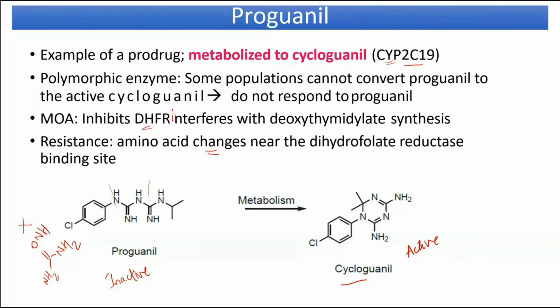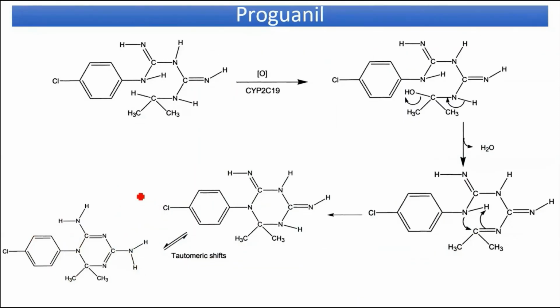And inside what happens is, it cyclizes and you get cycloguanil. So looking at the mechanism closer, when oxidation is taking place, you have this cycloguanil. It is the same structure represented in a way so that the cyclization can be easily understood. So you have C double bond NH, NH, C double bond NH.